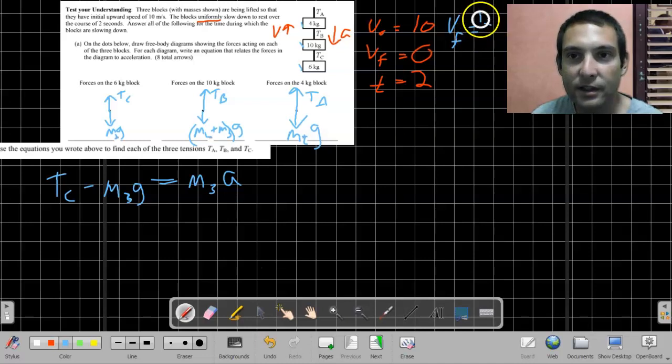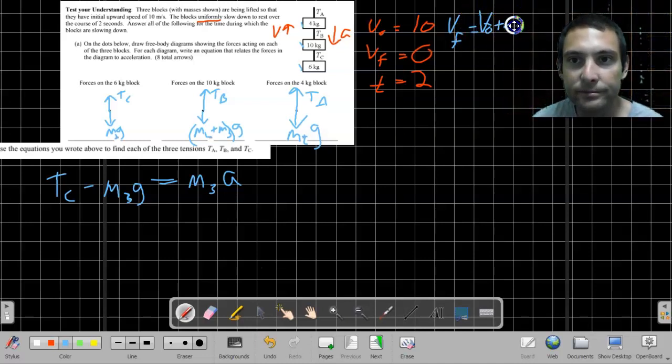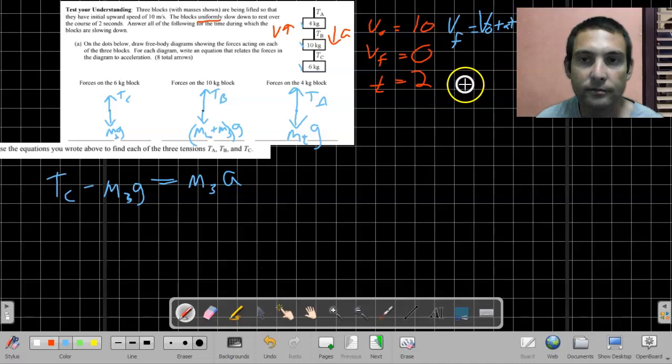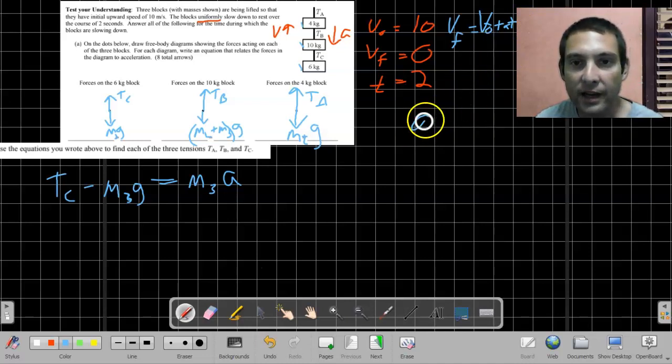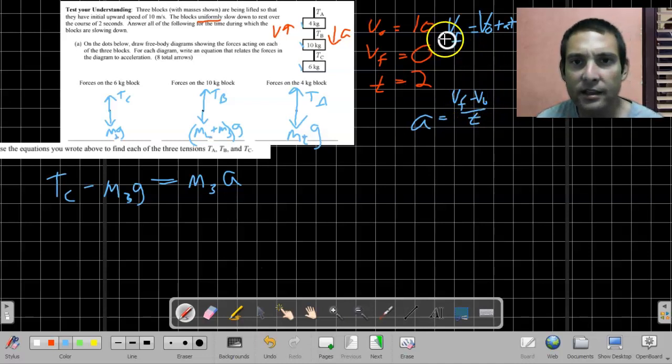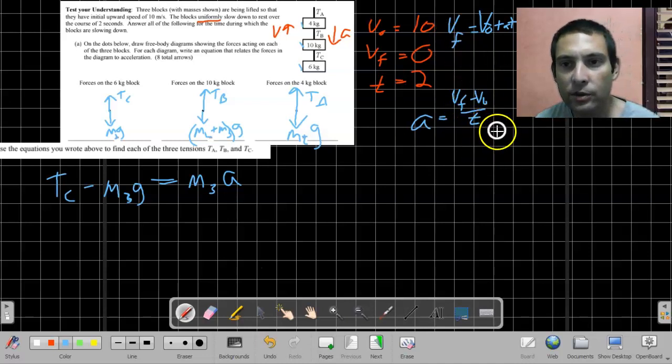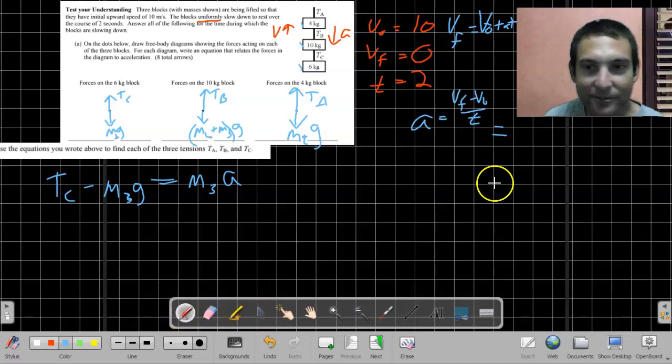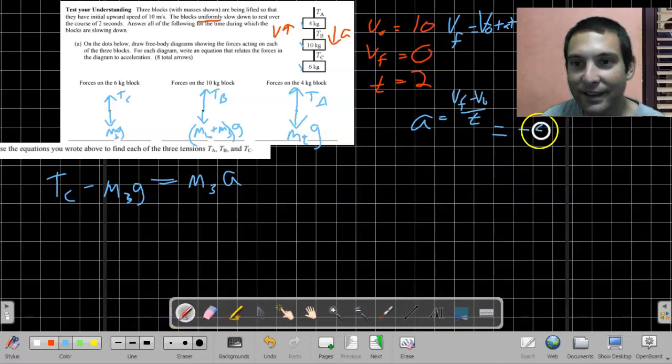Vf equals V naught plus At. Rearranging that, I get my acceleration to be Vf minus V naught over T. Vf is 0, initial velocity is 10, so negative 10 divided by 2, that equals a negative 5. Negative 5 meters per second squared.